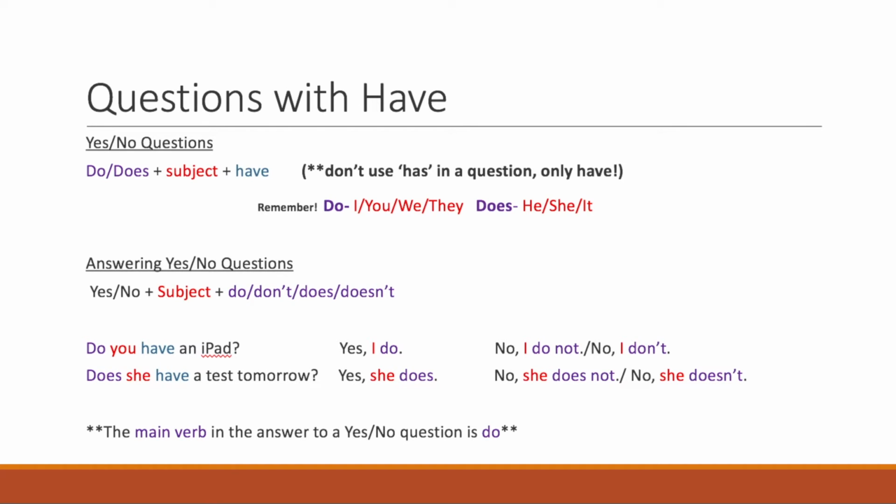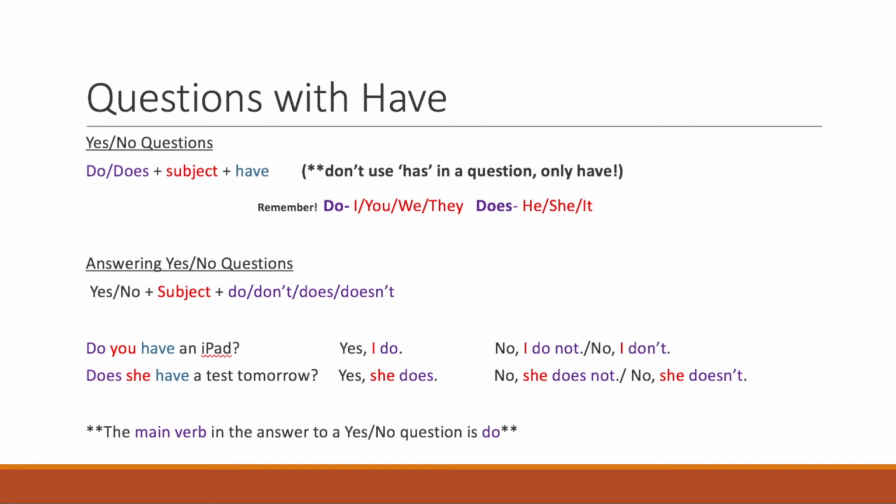We do change do, so we either use do or does, depending on the subject. For I, you, we, they, we use do. For does, the subject will be he, she, or it. To answer yes or no questions, first start with yes or no, then the subject, then do, don't, does, or doesn't.